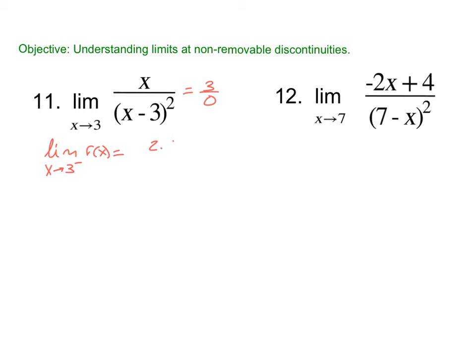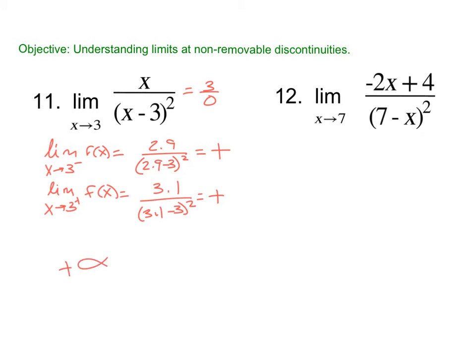So if I have 2.9 over 2.9 minus 3 squared, is that a positive or a negative? Because the bottom is squared, it is a positive. How about if I go from the right? So 3.1. 3.1 minus 3, that's also a positive, so the answer is positive infinity.